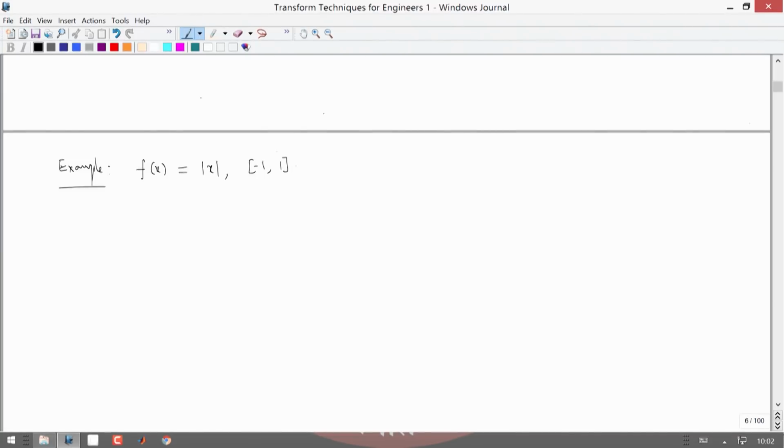So, if you plot this, it looks like 0, -1 and 1, let us say 2, and this is -2 and so on. So, if you look at this, it looks like 1 to 0 and this looks like 0 to 1. So, mod x looks like this clearly.